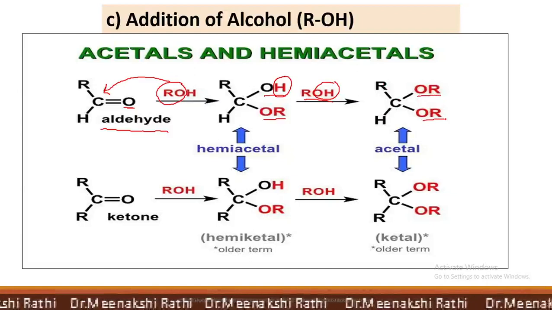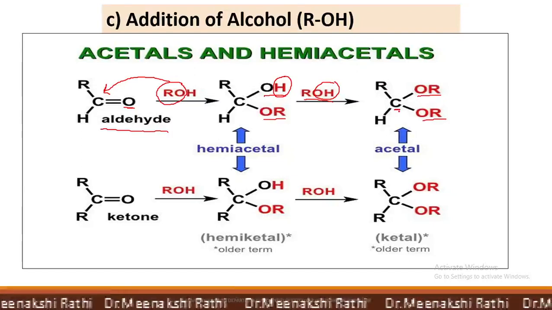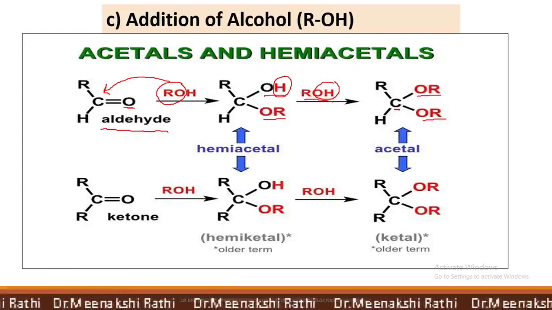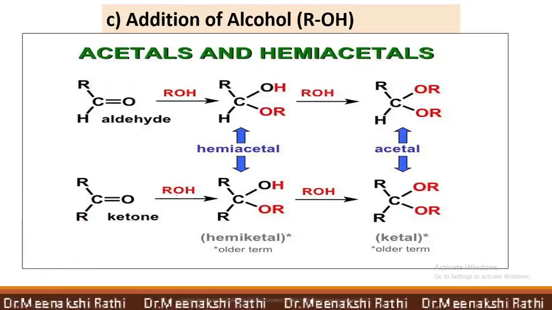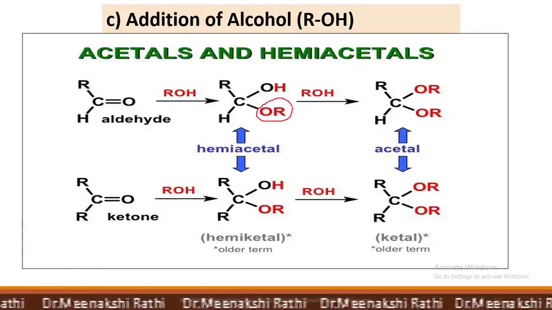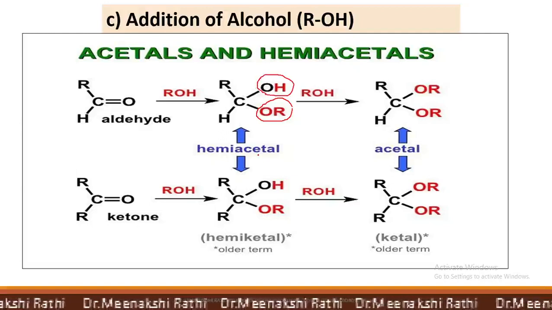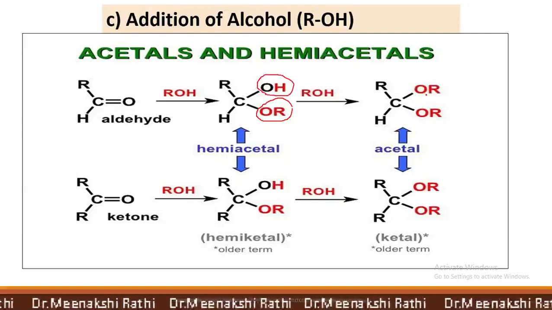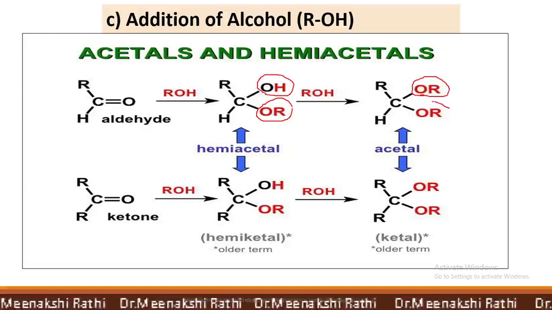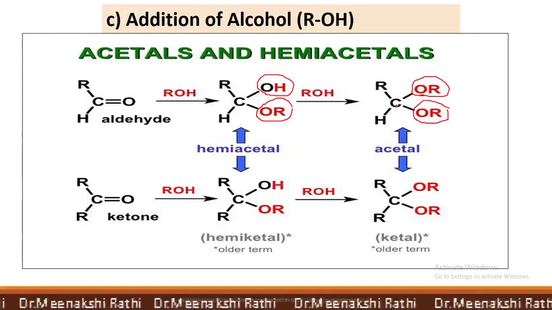When 2 alkoxy groups are attached to the same carbon atom, it is called an acetal. In the first, there is only 1 alkoxy group along with 1 OH group, that is a hemiacetal. But when 2 alkoxy groups are attached to the same carbon atom, it is known as acetal.